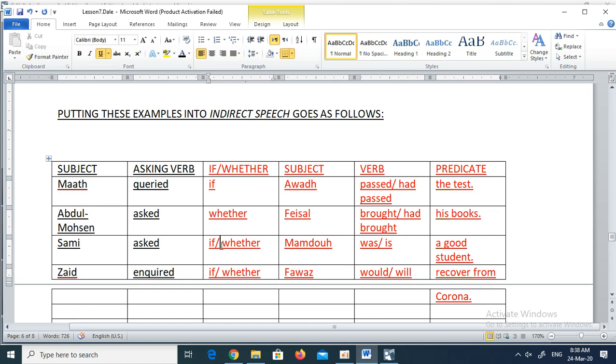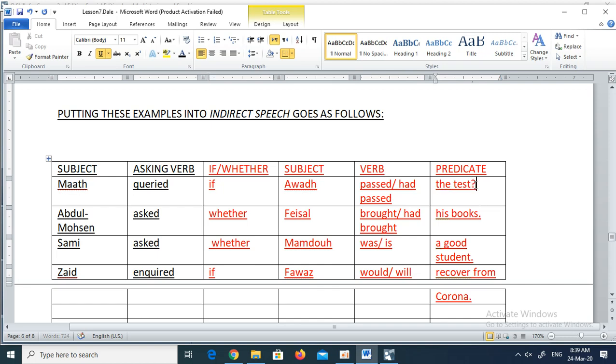Sami asked, and that is the main clause, and then the question in indirect speech, whether Mamdouh was a good student or is a good student. Zaid inquired if Fawaz would or will recover from Corona.